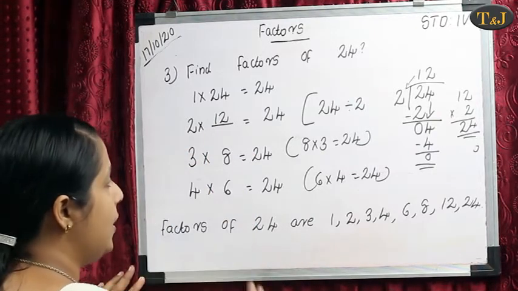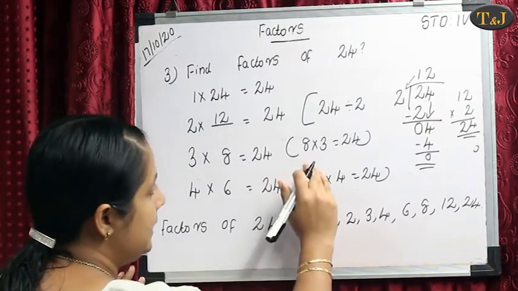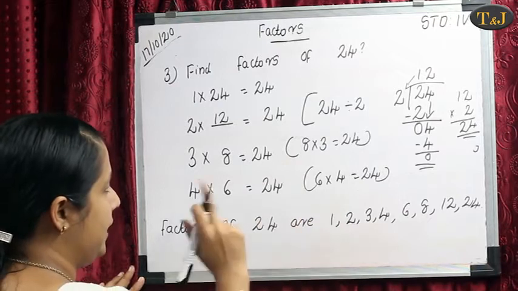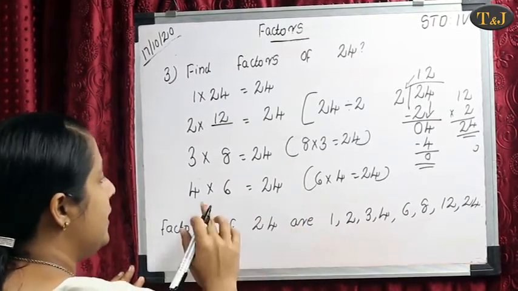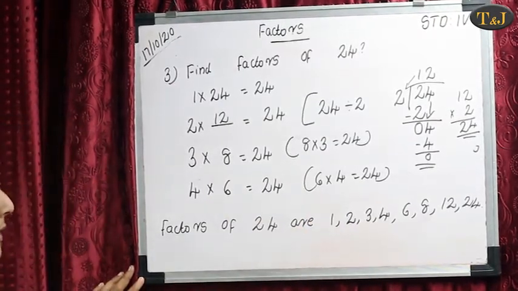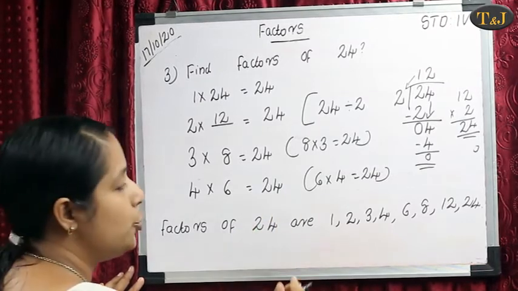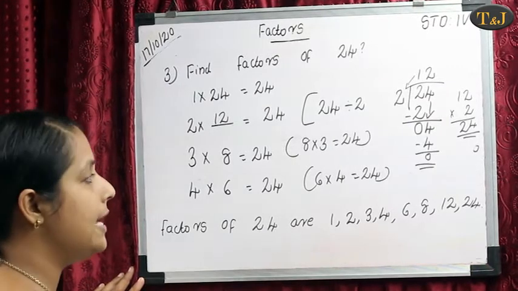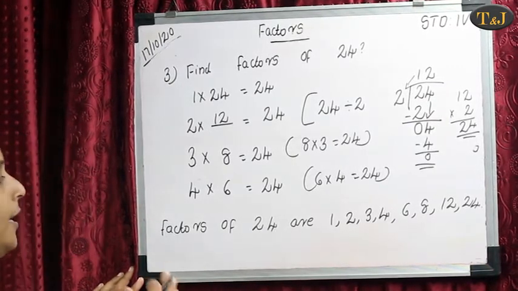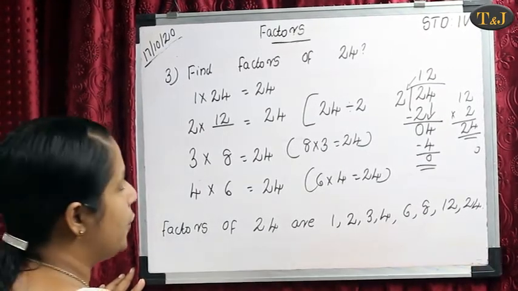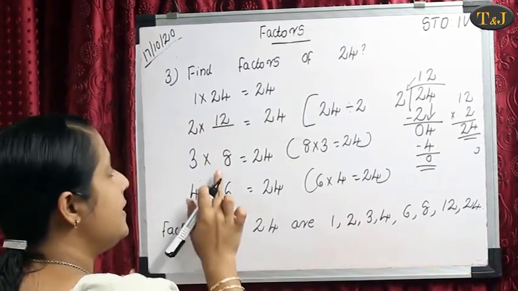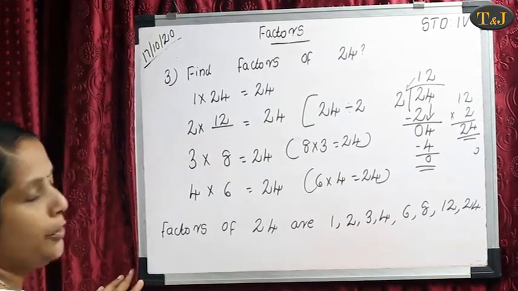Then in 3's table there is 24, and in 8's table also 24, so we write 3 8s or 8 3s only one time. Next is 4's table: 4 6s are 24 and 6 4s are 24. Then in 5's, 7's, 9's and 10's table there is no 24. Therefore, the factors of 24 are 1, 2, 3, 4, 6, 8, 12 and 24.